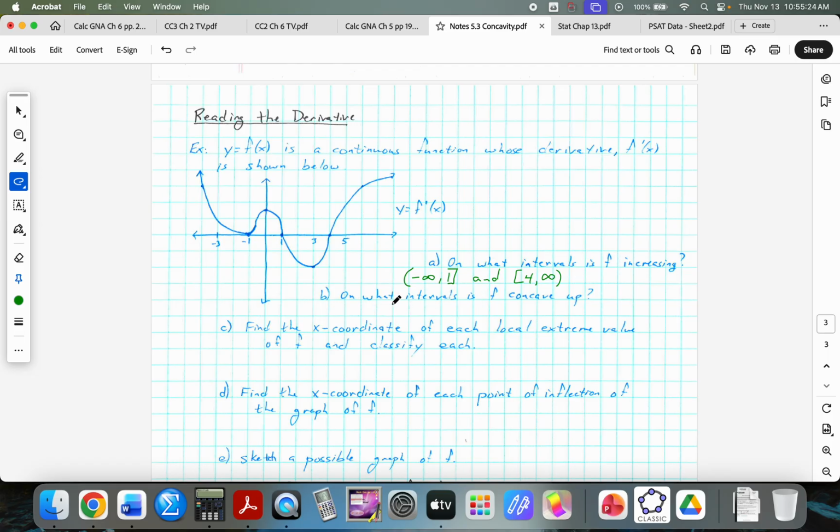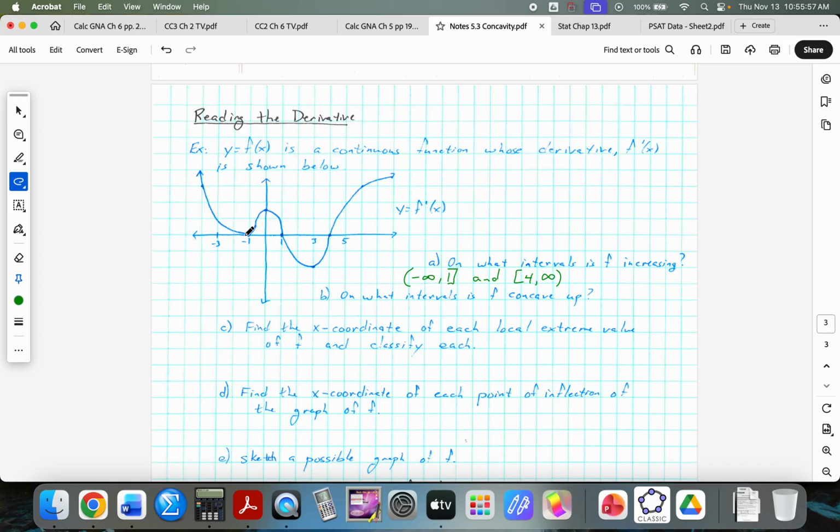All right, next question. On what intervals is f concave up? By definition, what does it mean for a function to be concave up? Its derivative has to be greater than 0. No. Well, greater than 0 and positive are the same thing. Has to be increasing. The definition of concave up is where the derivative of the function is increasing.